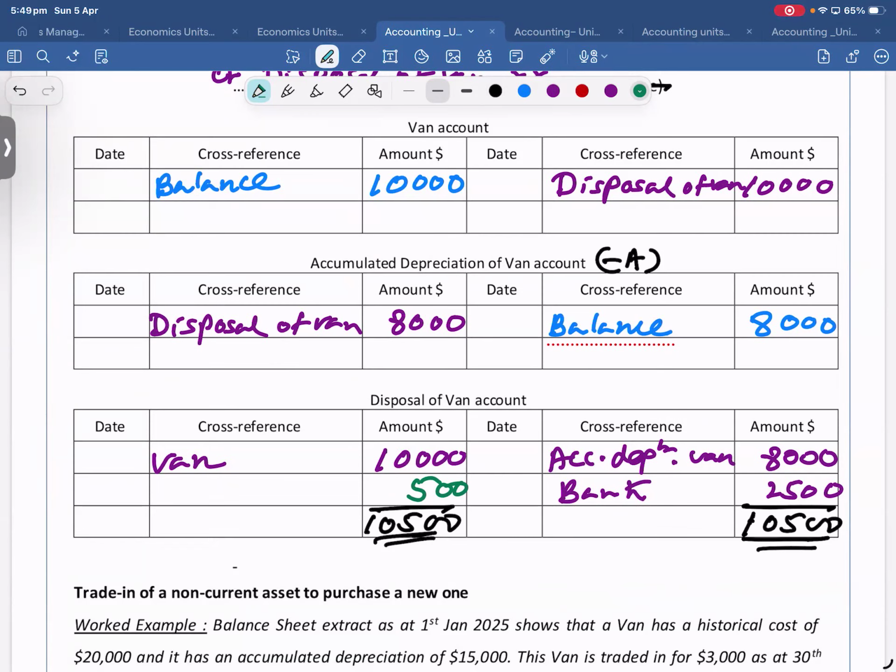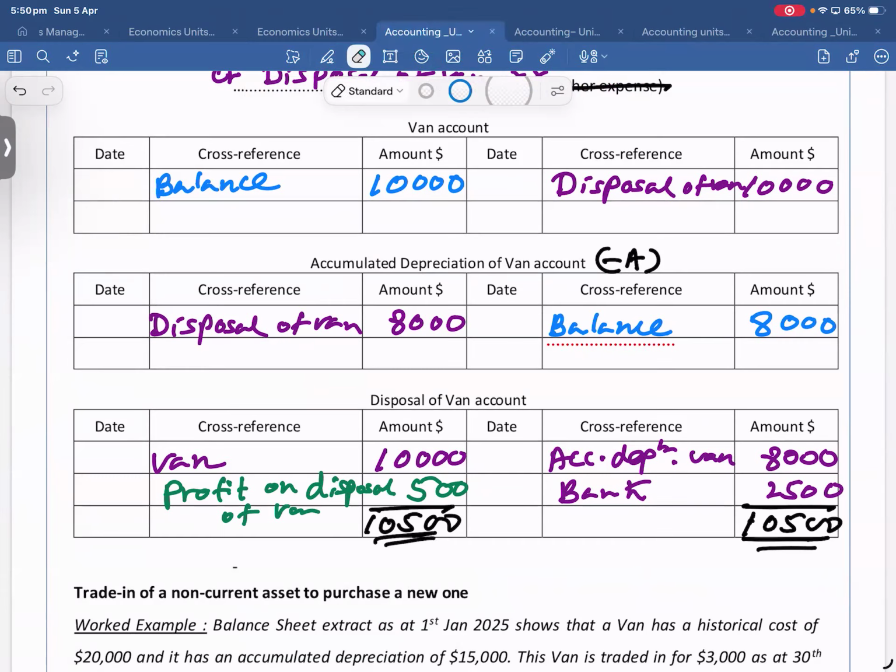Of van. Sir, when you report the disposal, do you classify that as a closing entry? You mean a balanced adjustment? No, not necessarily. Disposal can happen at any time. Depreciation always happens on the last day of the period, but if we do the disposal in between, then we need to do the depreciation for that item.